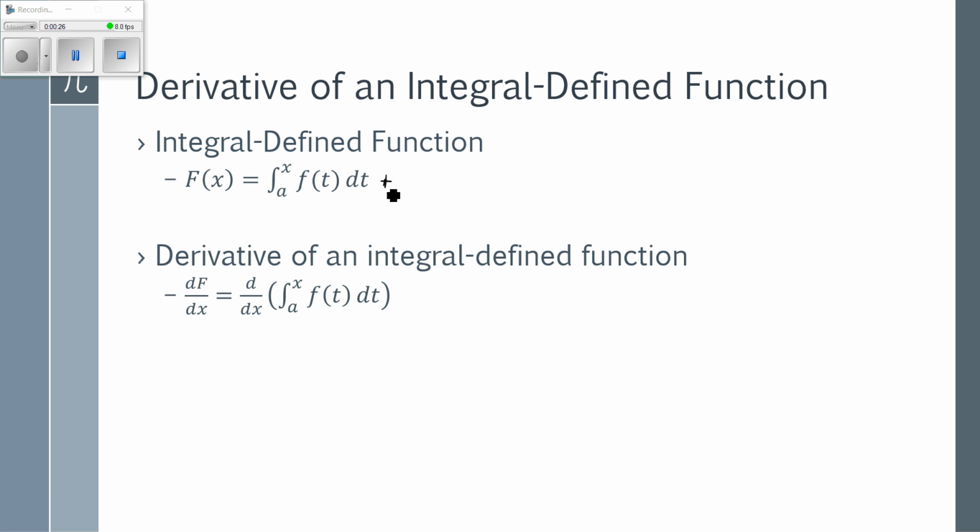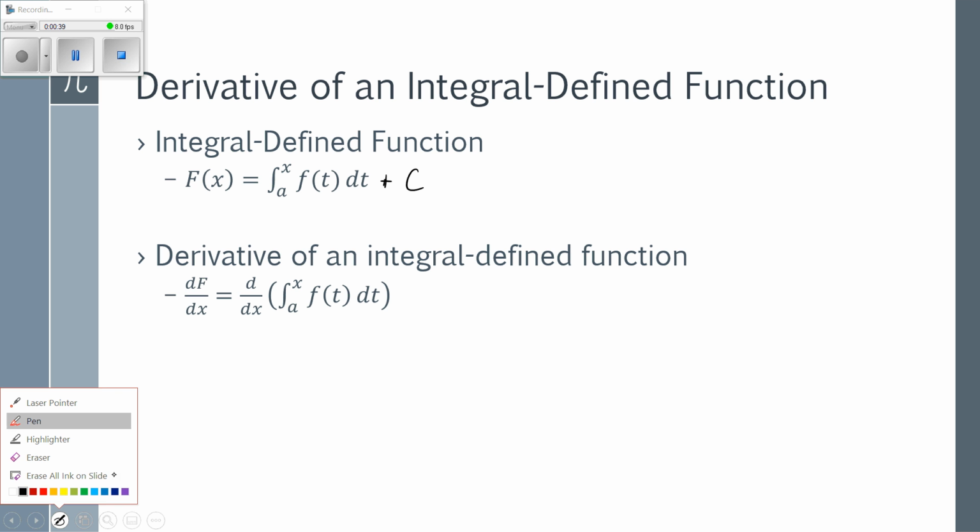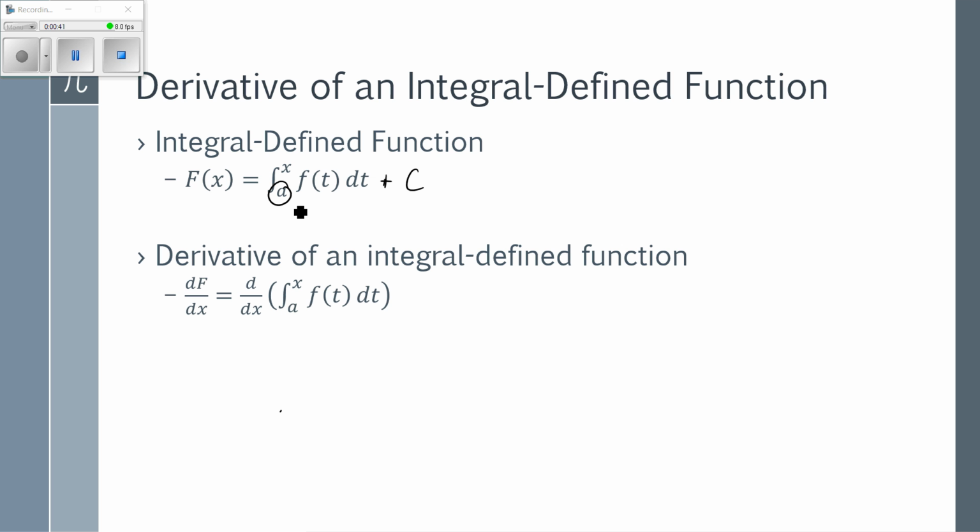I guess I actually should put in there plus some value. Some things to note is that there is a constant lower bound and x is in the upper bound.